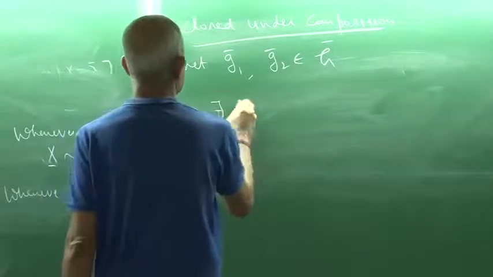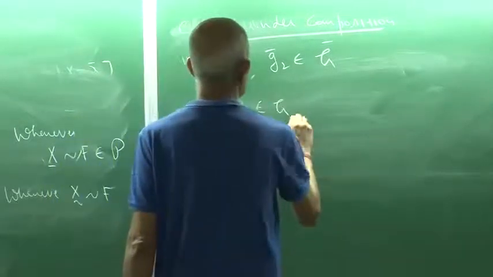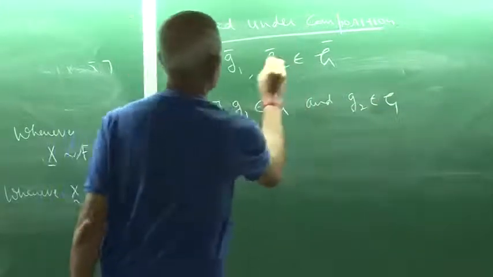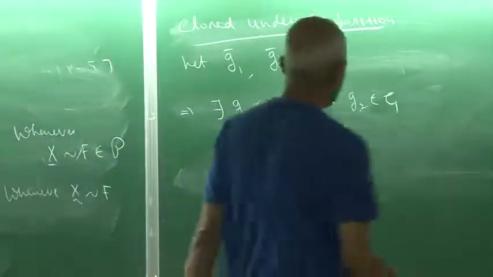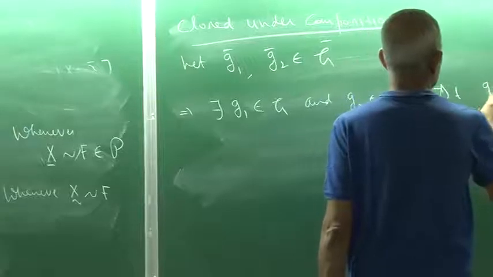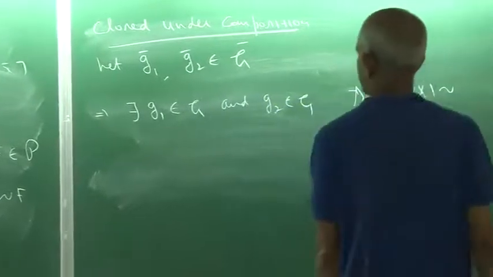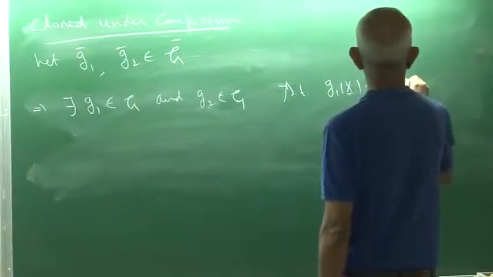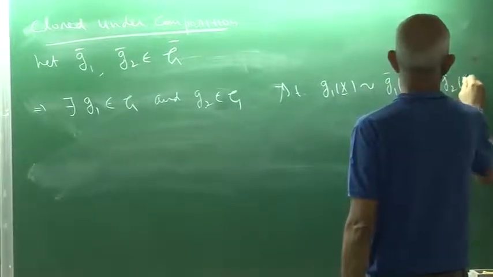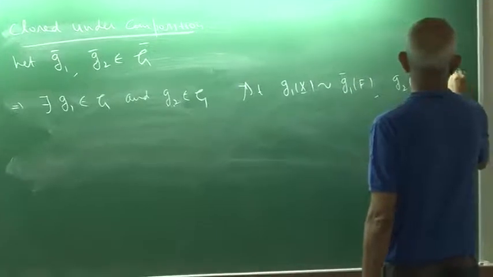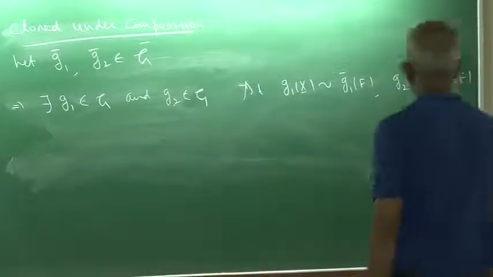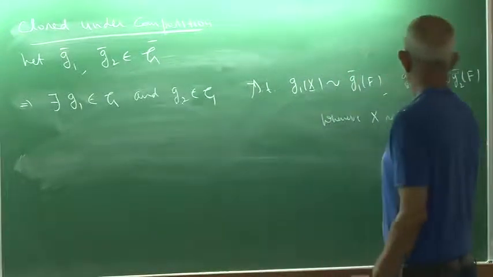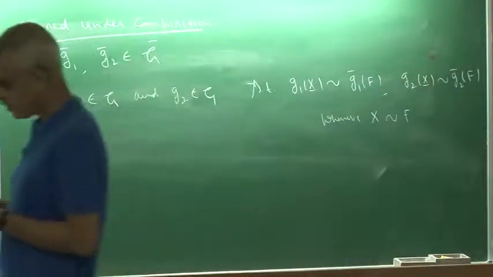This implies that there exists a G1 belonging to G and G2 belonging to G, where G1 corresponds to G bar 1 and G2 corresponds to G bar 2, such that G1x has distribution G bar 1 f and G2x has distribution G bar 2 f whenever x has distribution function f.